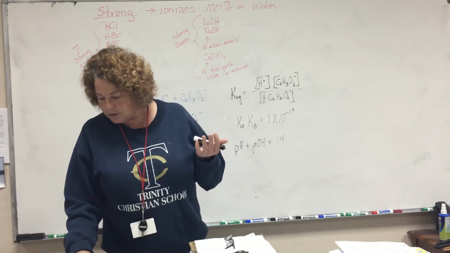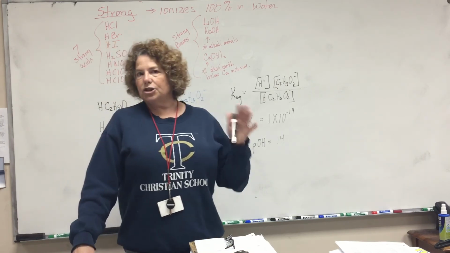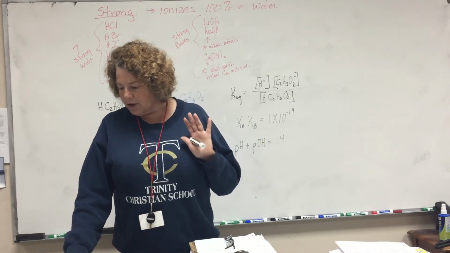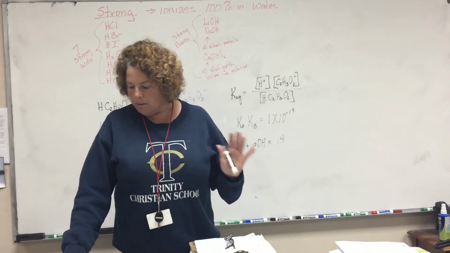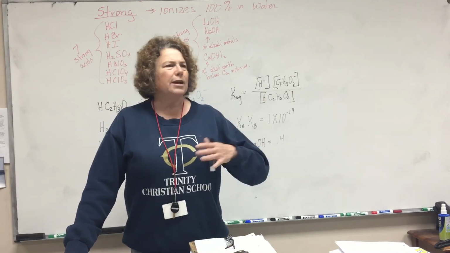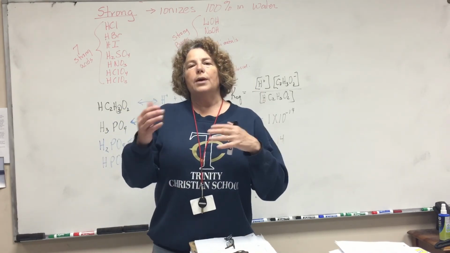But when you get down to 4 or 3, 4.5 or 5, it turns red. So what that means is that's its range. Anything below 4.5 is red if you look at methyl red. So you really can't tell. So you have to match your indicator with the range.